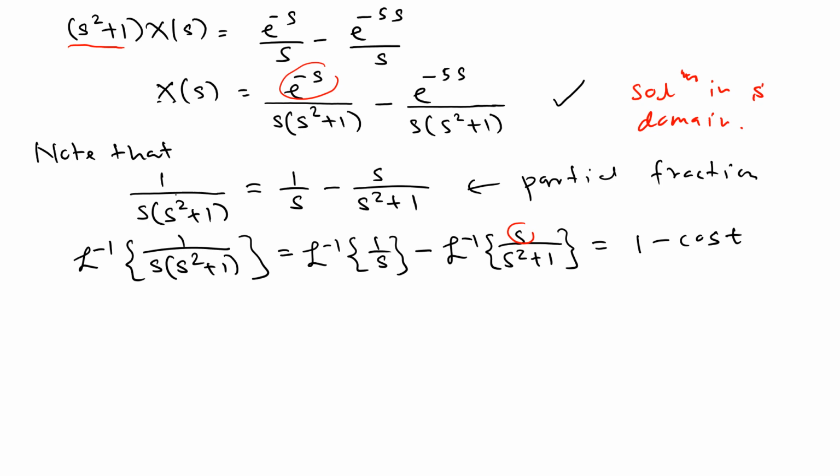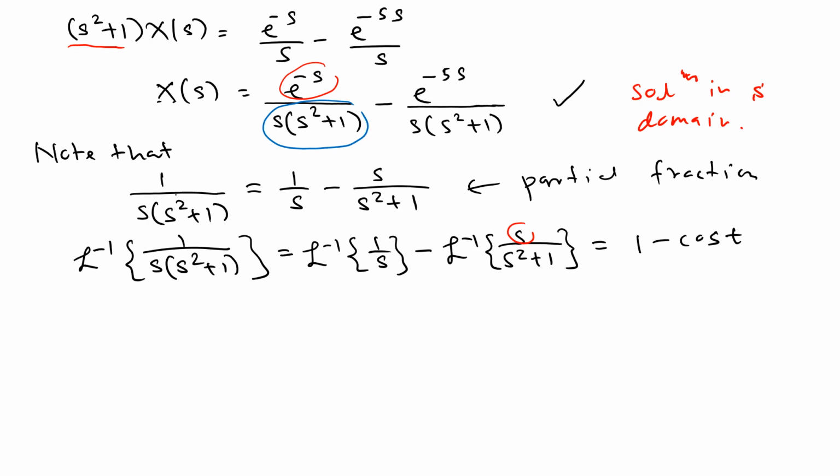So now we can go backward, because we know what the functions represent in the inverse: simply 1 minus cosine t. So what you need to do is multiply by u(t minus a), and change the variable to t minus a. You have to do that at the same time. So simply change t to t minus a.